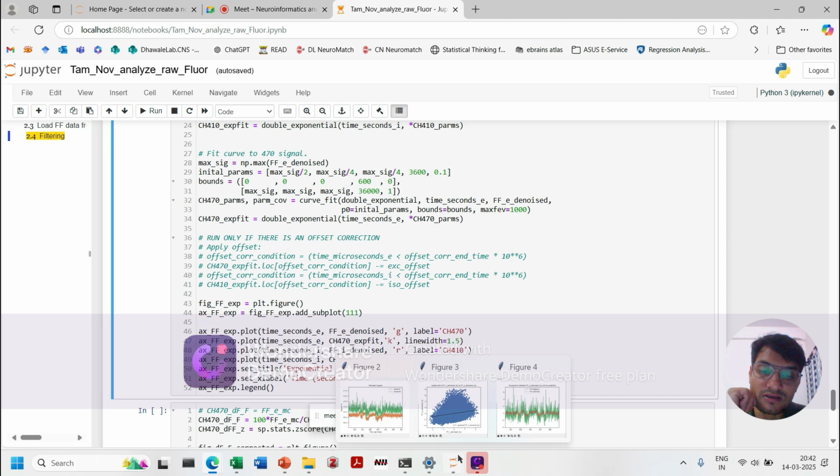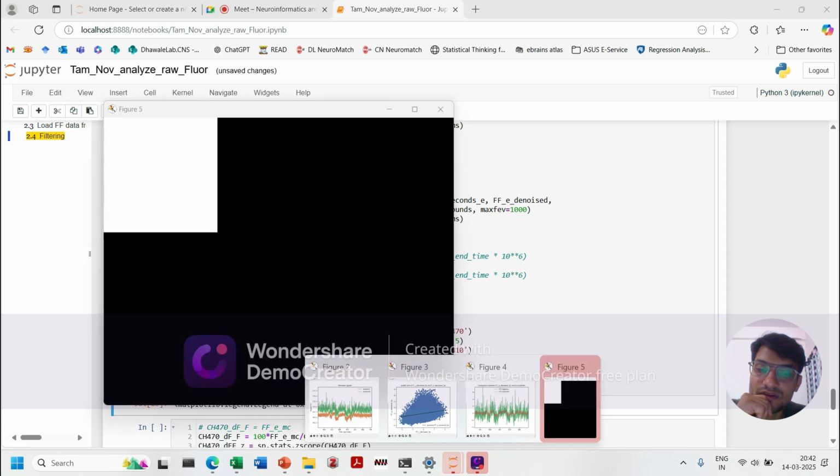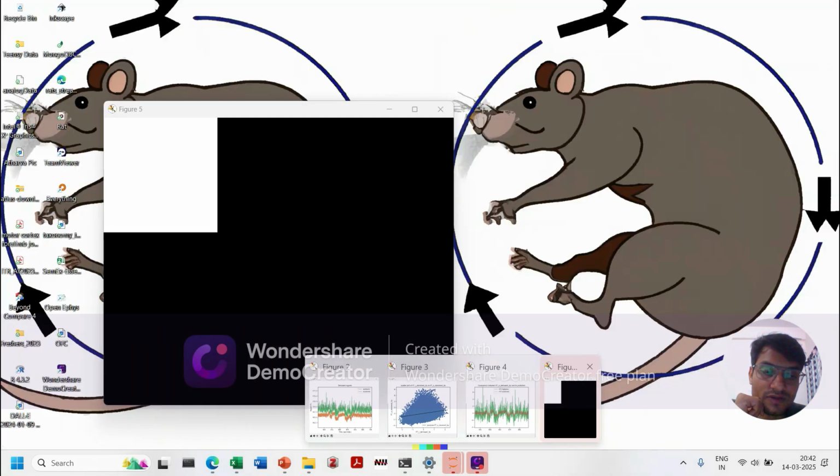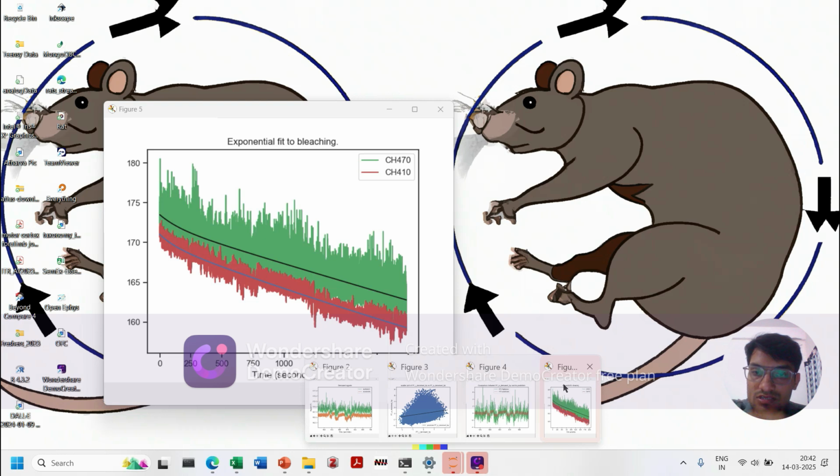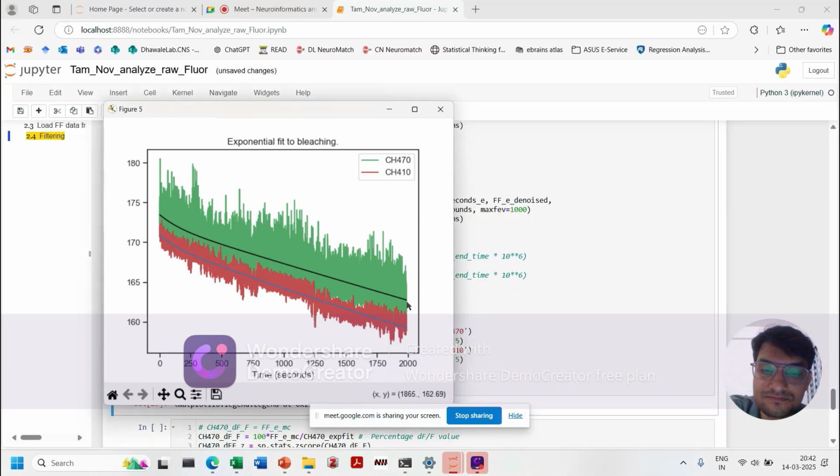How does that work? So if it plots, then it's fine. Otherwise, this is how the exponential fit looks. So now this green curve has its exponential fit in black, you see here. So this will become our baseline, and now when we say delta f over f, this is the f that we choose for that delta f.